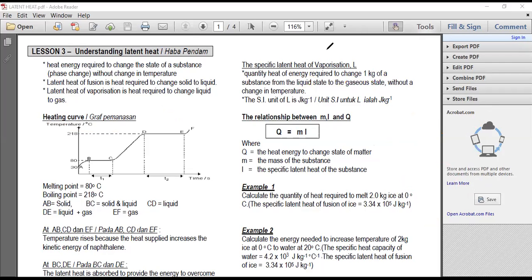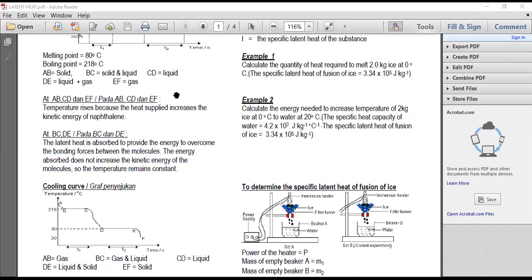Now we look at how to use this formula first. Calculate the quantity of heat required to melt 2 kilogram of ice at 0 degrees Celsius. For this one just use Q equals mL, which equals 2 times 3.34 times 10 to the power of 5.